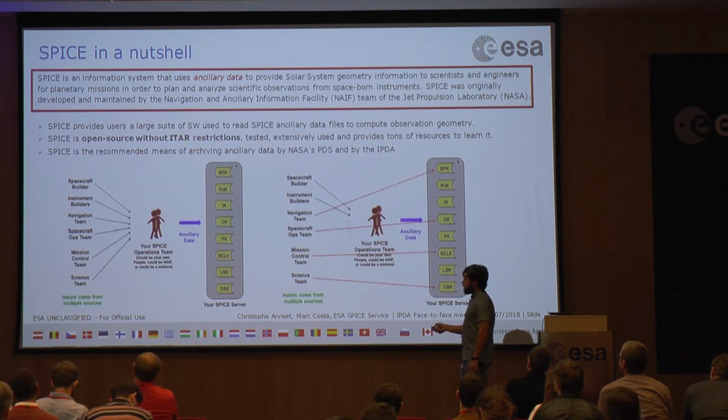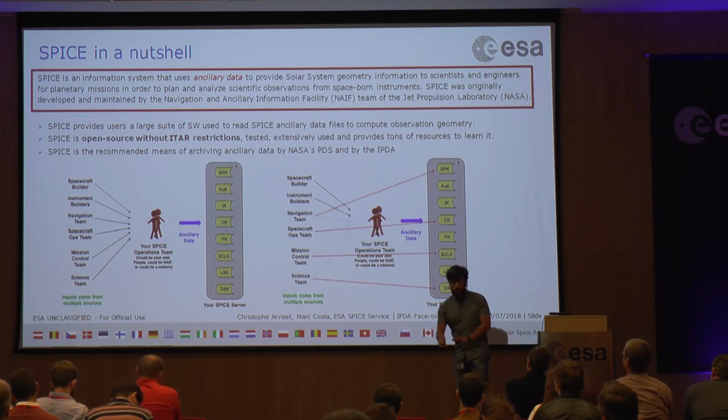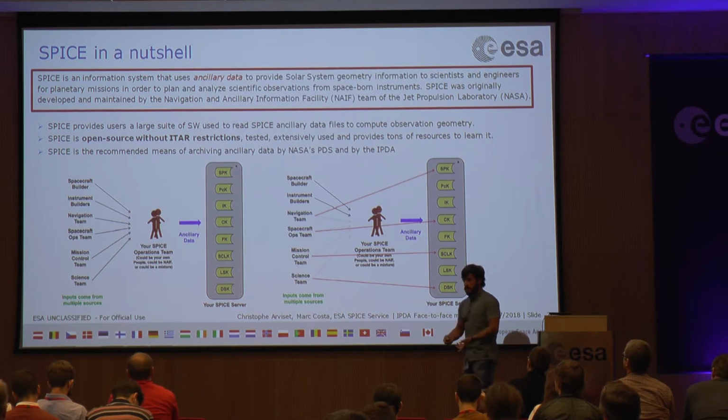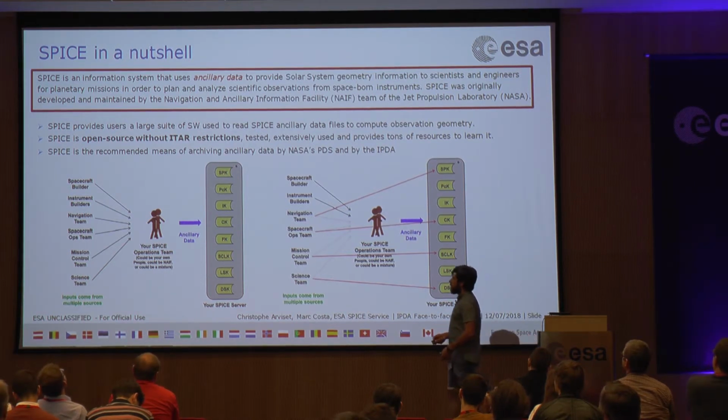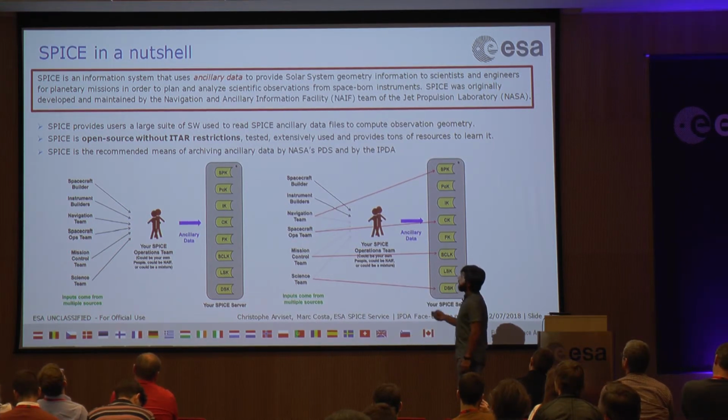You might have a single team that generates the SPICE data that you need. These are the types of SPICE data that you need to run the software. I don't want to go into detail on that because there's no time. Or you could have a more distributed approach in which the knowledge on how to generate this ancillary data already in SPICE format is held by the people who are actually generating the original data.